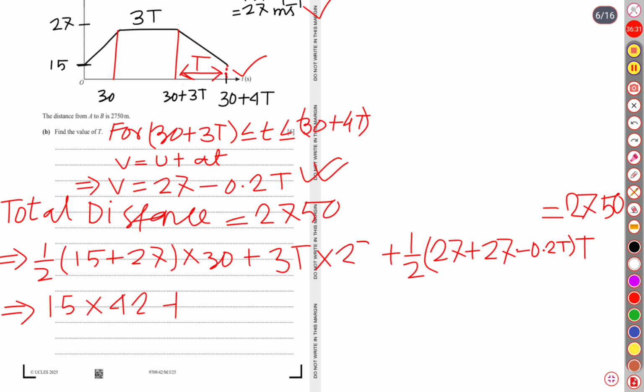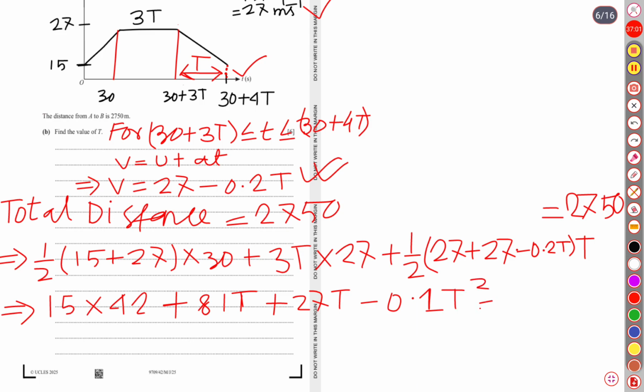So that means 81t, then plus 54, that is 27t minus, if we divide 0.2 by 2, it is 0.1, and if we multiply t by t, it is t squared.